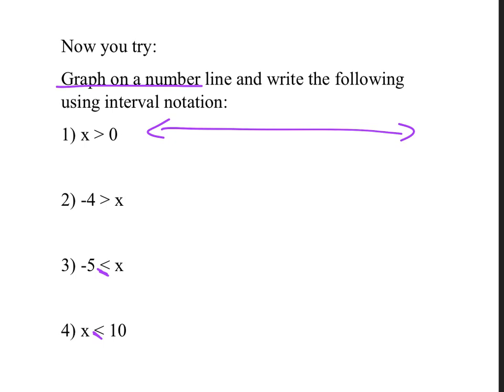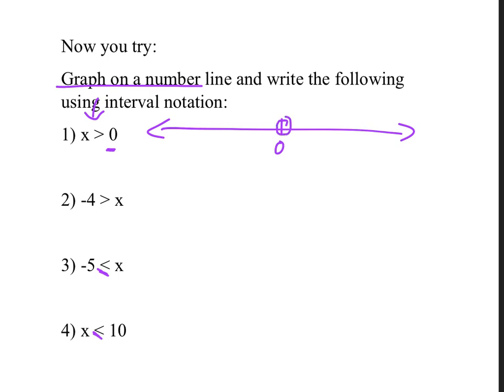So drawing this, the easiest way to draw this, I know this is a now you try, but I'm just going to go through it with you. X is greater than 0. So you plot this number, and that's really all I need. You can put other numbers if you want, but I don't need them. Okay? If this is a greater than or a less than sign, meaning not the equal to, you put an open circle.